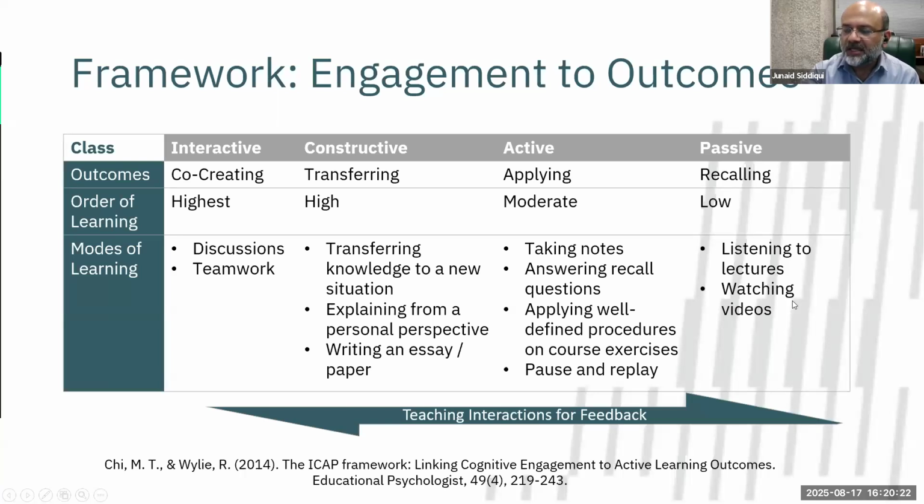So we basically need those models of learning which move the students from just listening to the lectures to really engaging in discussions and teamwork. And any technology that can help in achieving this goal can be useful, and classroom response systems can play a role in all of this.